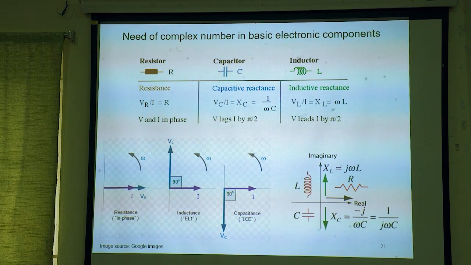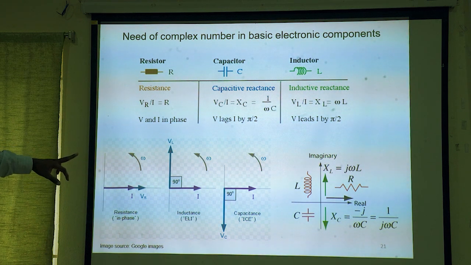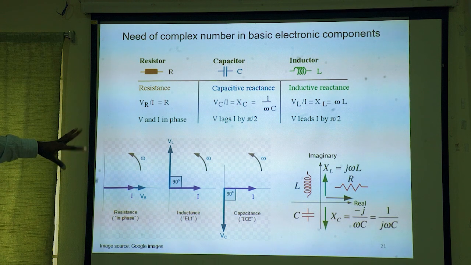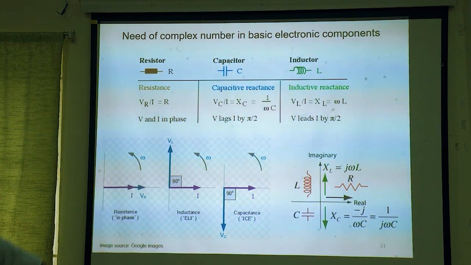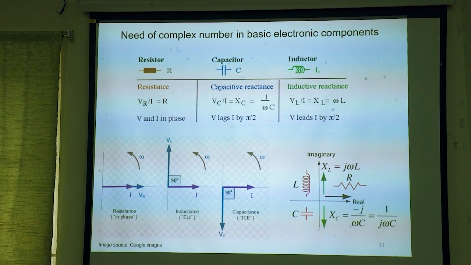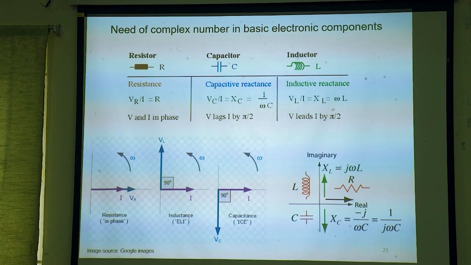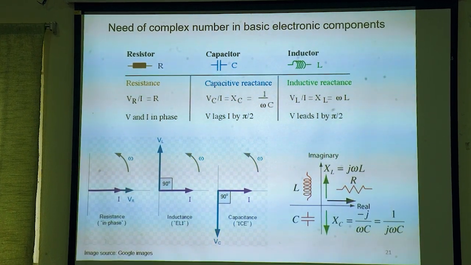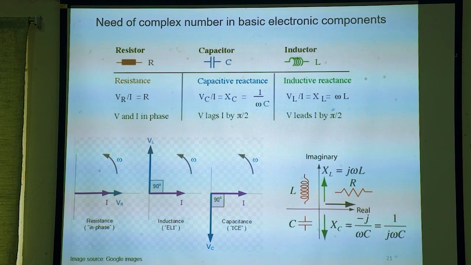So where the current and voltage have a 90 degree phase shift, that's why we say the inductor has an impedance of j omega L, and the capacitor impedance is 1 by j omega C. It is all been said: the angle is being represented using what? Complex numbers, or the imaginary number.